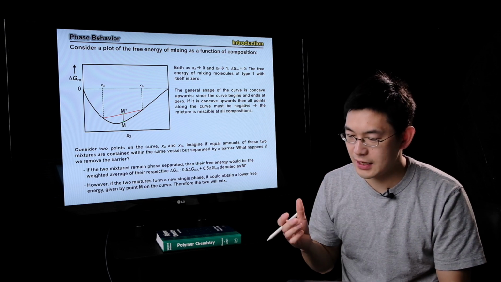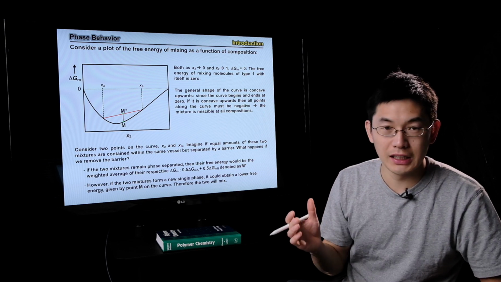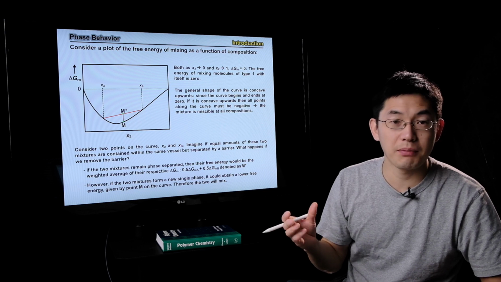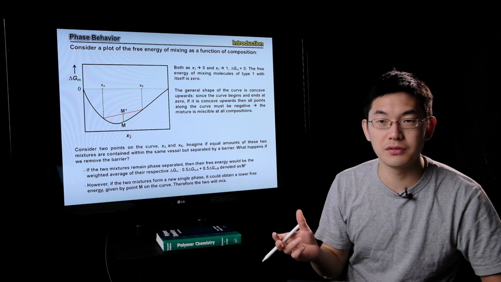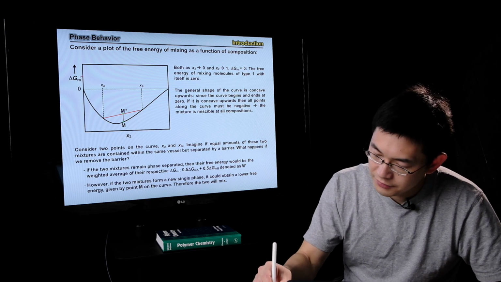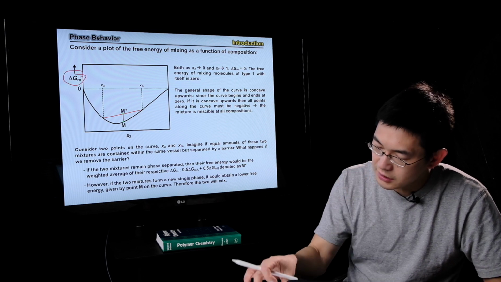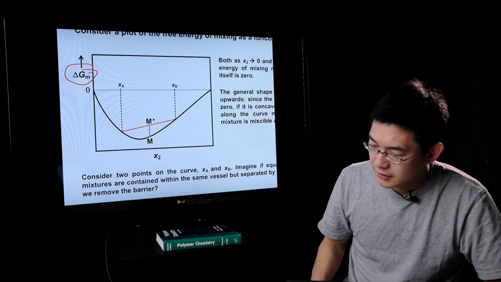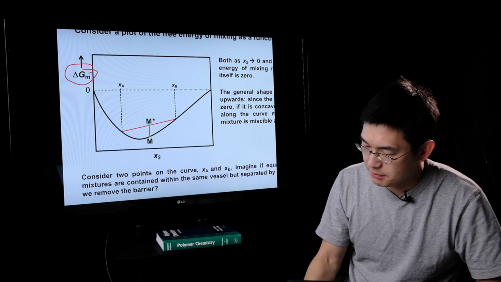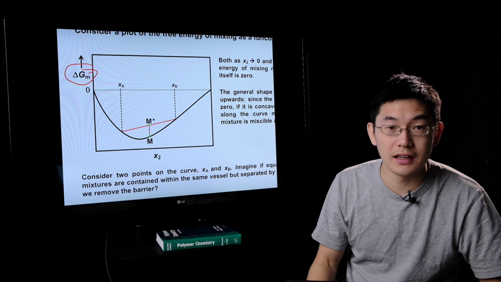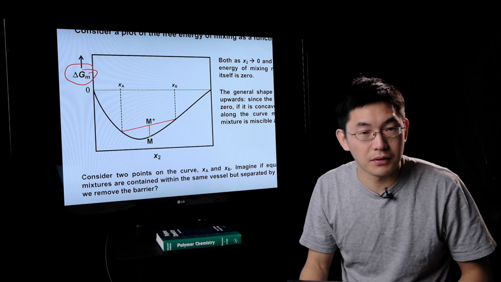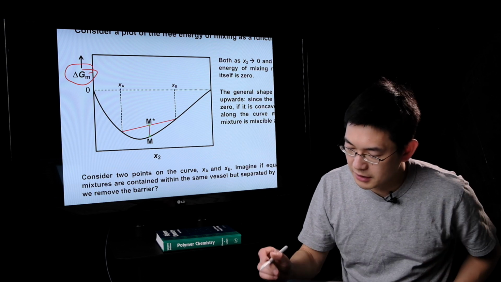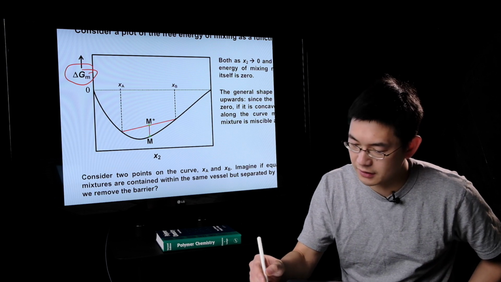So whether they're going to phase separate or mix is all one-dimensional. They are all related to the delta G. If the delta G, shown in this particular curve, drops with respect to different concentration, then they're gonna either phase separate or not phase separate, depending on the specific curve.